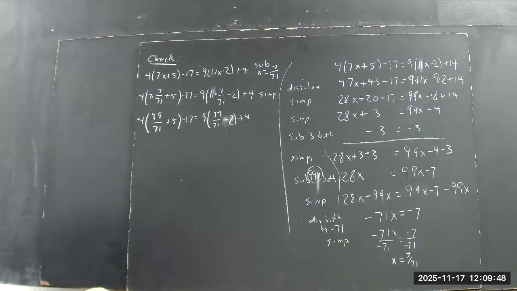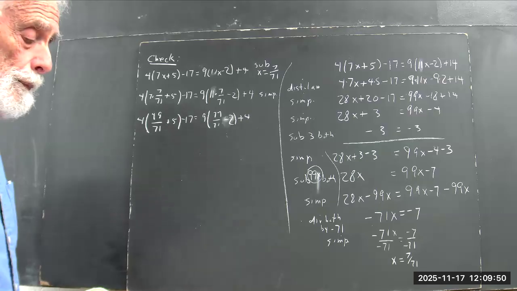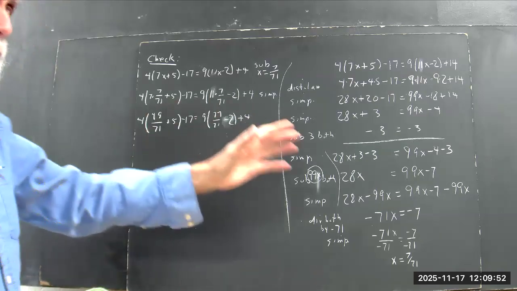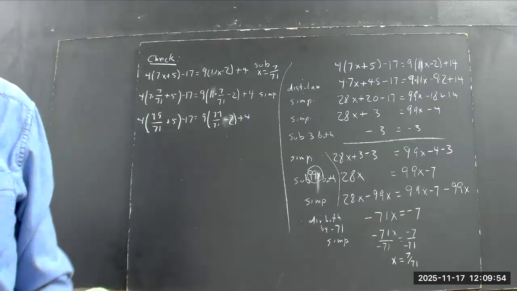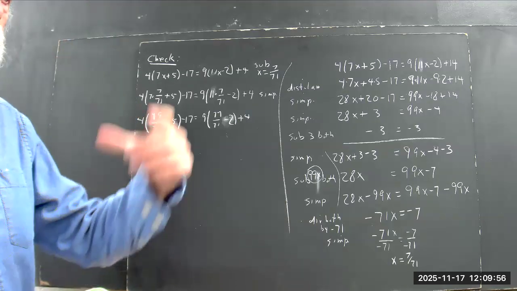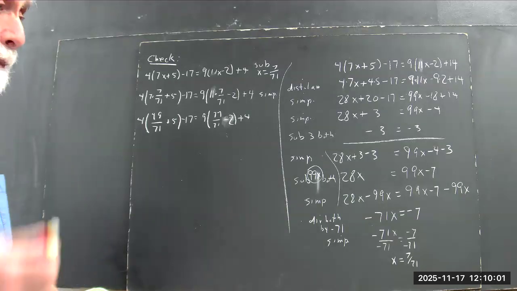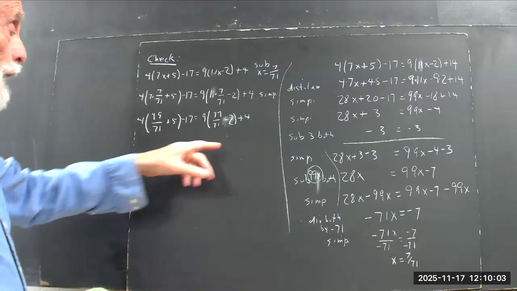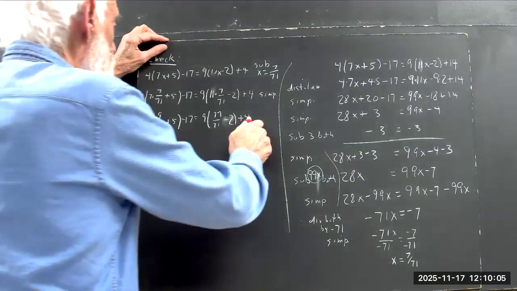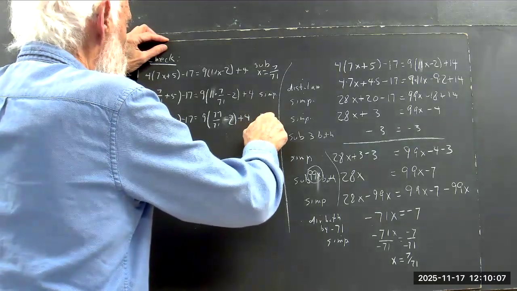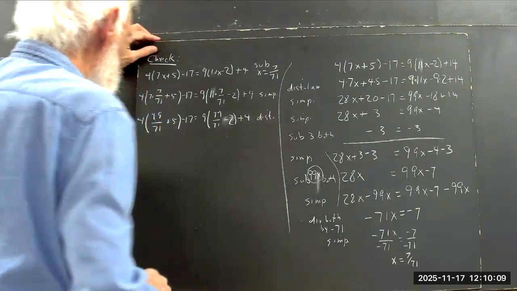The one thing we don't want to do with equations is have denominators and have to do common denominators. Okay? So we're going to avoid common denominators. And now I'm using the distributive law.